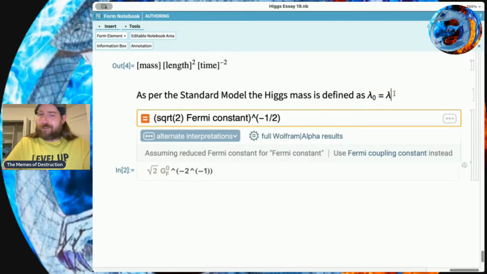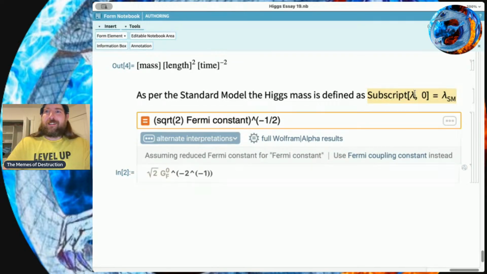Lambda. Type it into SM. Oh, why are you being difficult? Let's just do the text format.